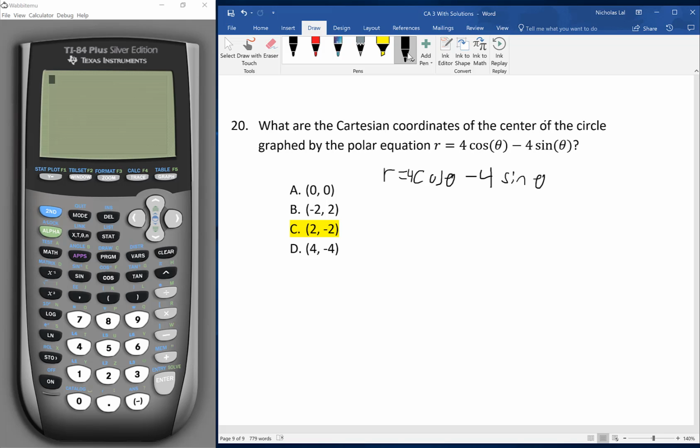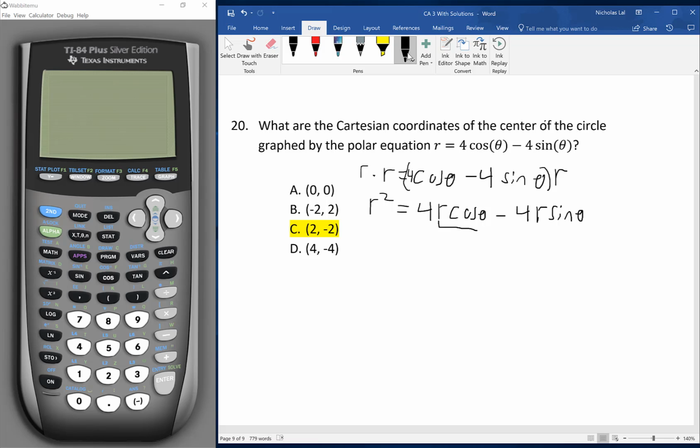So our first step is let's multiply each side by r, because this gives you an r squared on the left side and a 4r cosine and 4r sine of theta on the right side. So you can get r squared is equal to 4r cosine of theta minus 4r sine of theta.